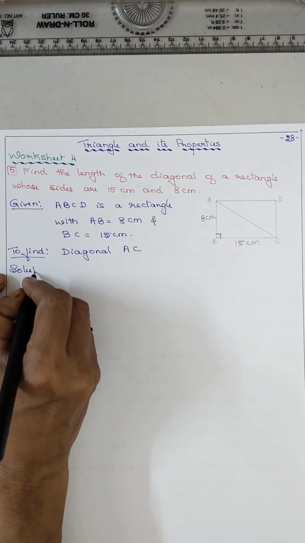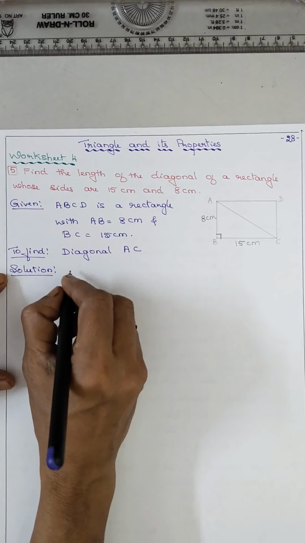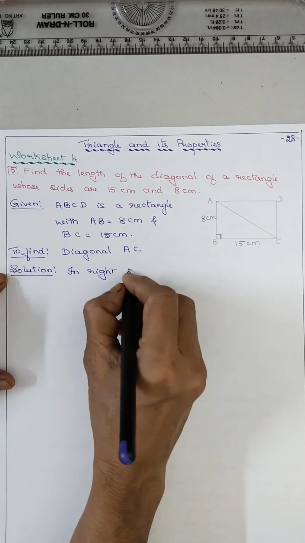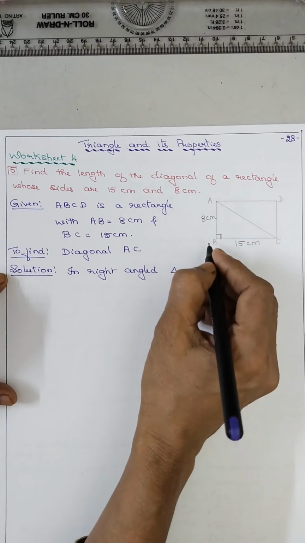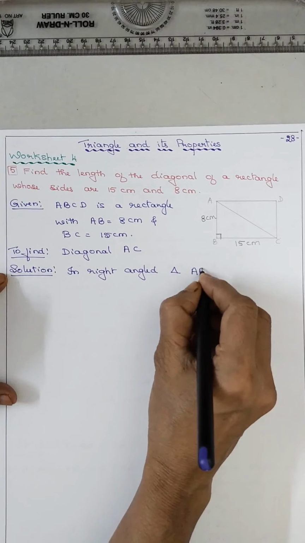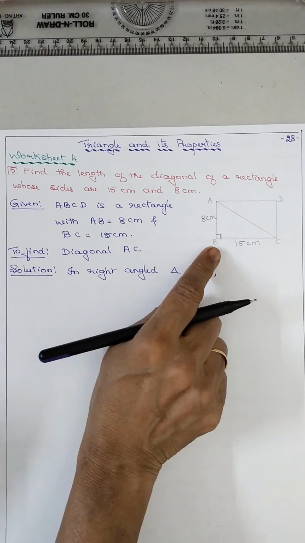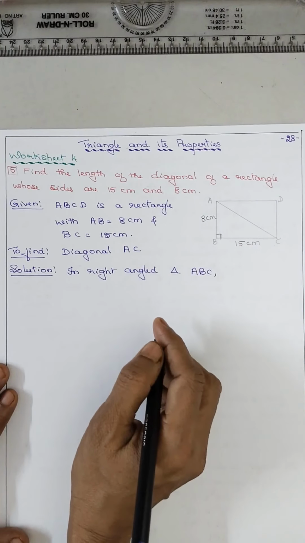Coming to solution, you got the right angle triangle. In right angled triangle ABC, angle B is a 90 degree. In a rectangle, corner angles are 90 degree.